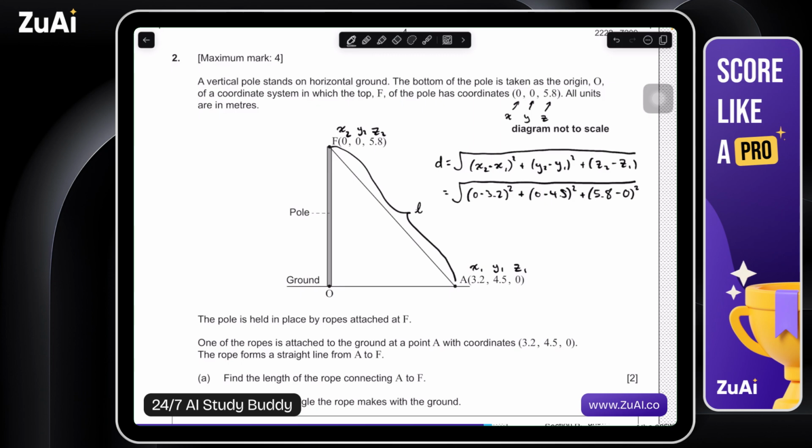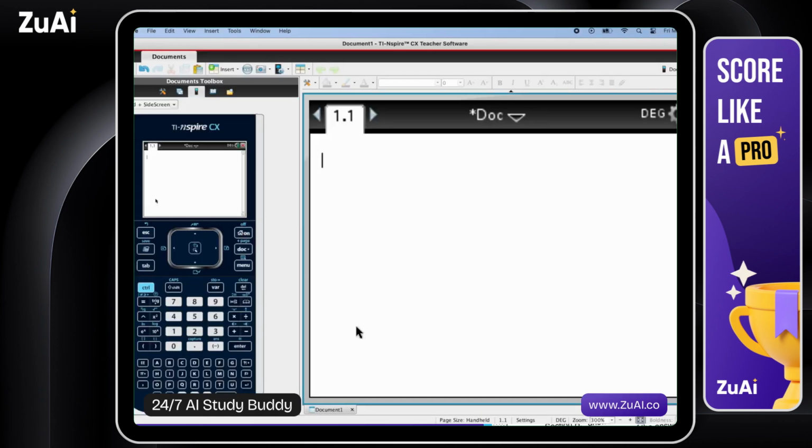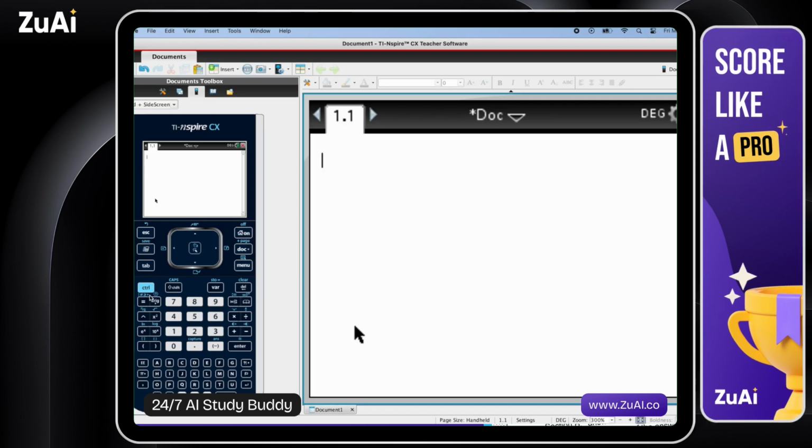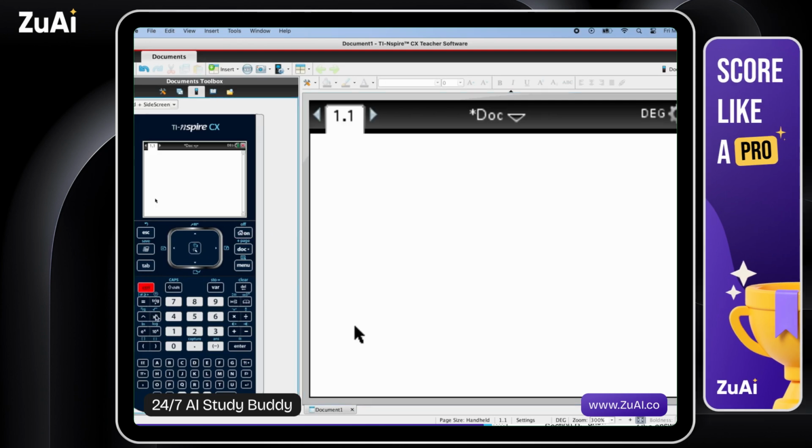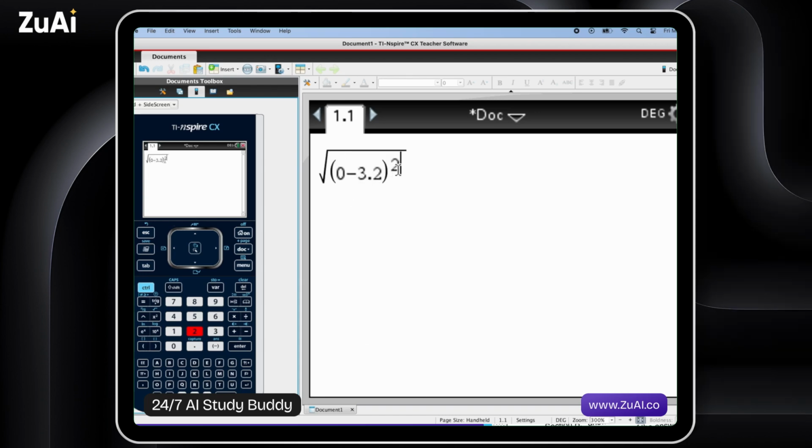So let's go into the calculator screen and work this out. So let's take the square root of, and the 0 minus 3.2, I'm going to write this out just exactly as it is, but essentially if we're squaring, we don't need the 0, and even this negative, since we take a negative and then we square it, it just turns into a positive.